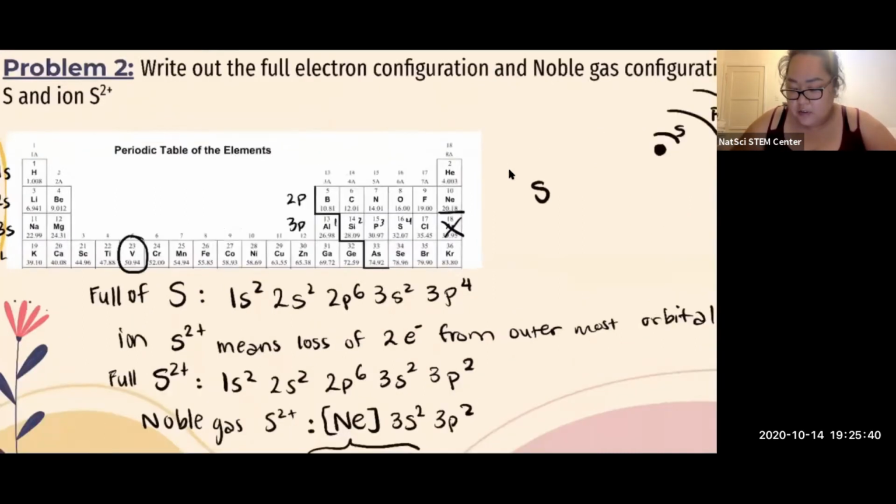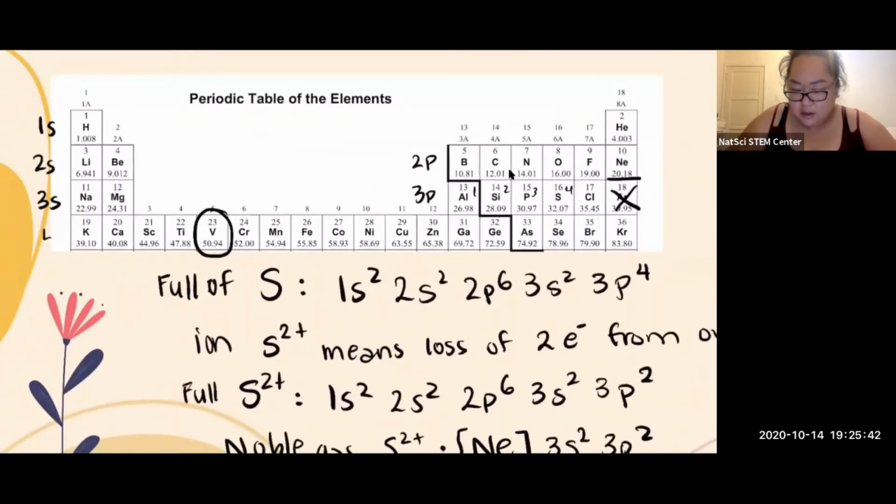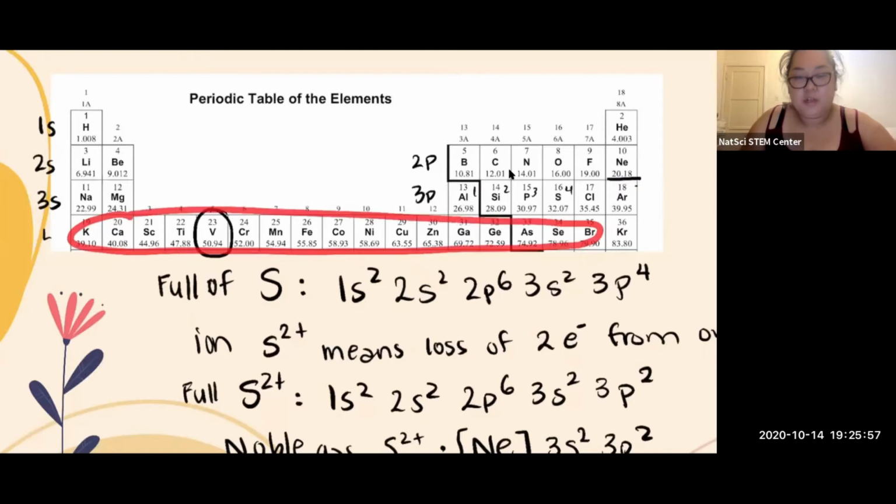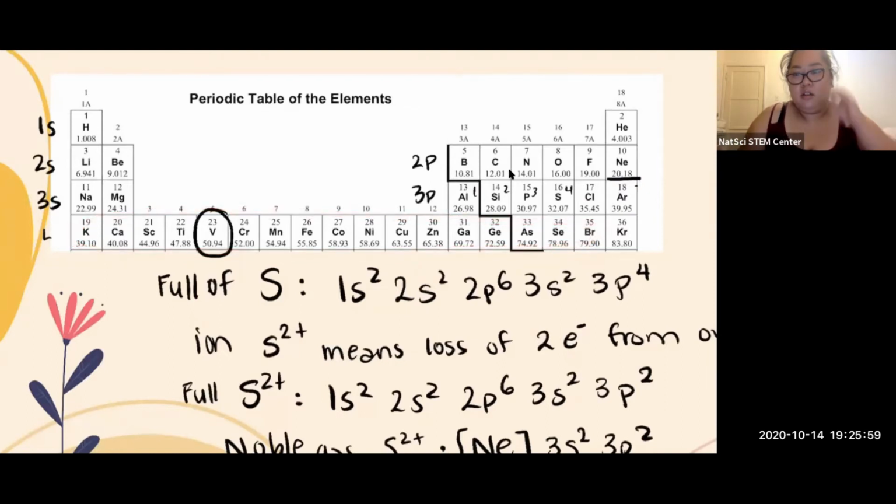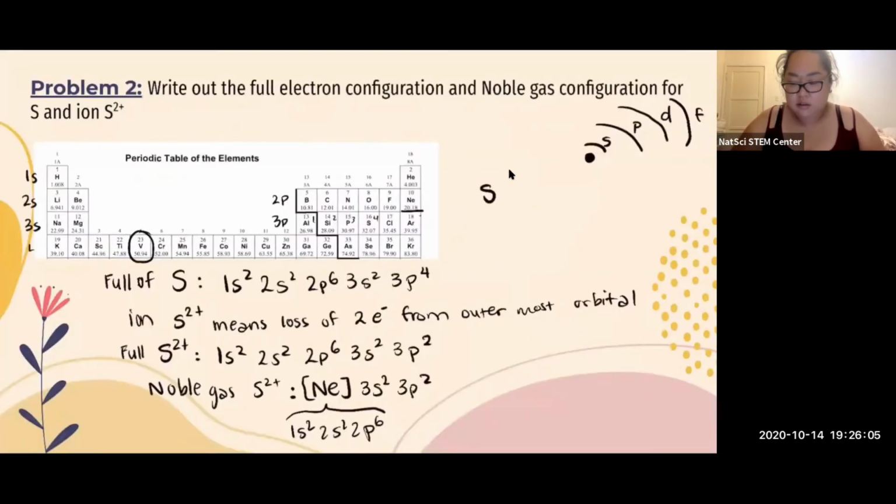You'd use neon for the noble gas configuration for all the elements in this row except for argon. You'd use argon for the noble gas for all the elements in the next row, up to before krypton. So it's just coincidence that my example before also used neon.